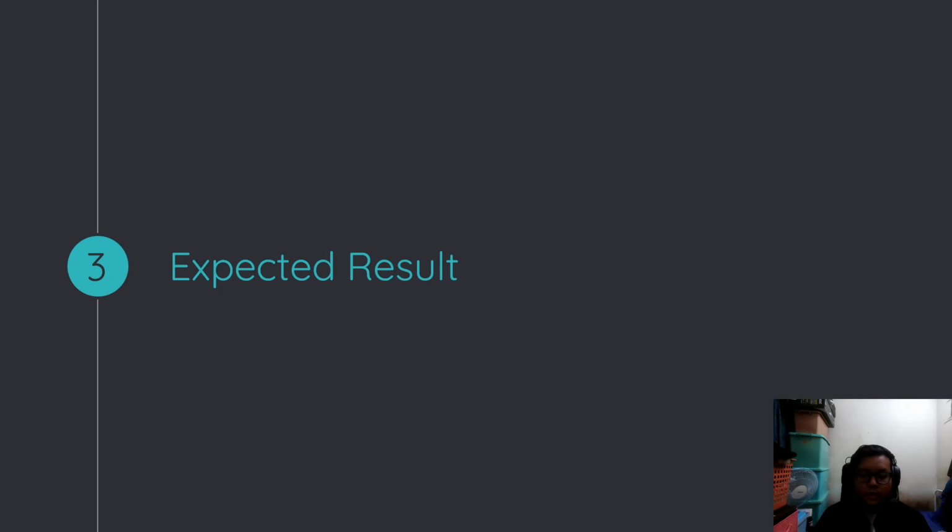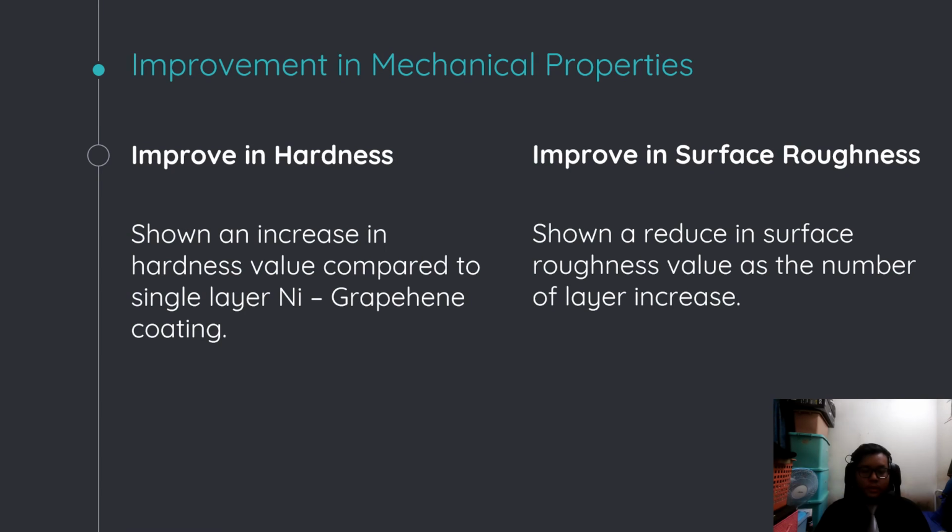Third, the last section of this presentation is the expected result from this project. The expected result for the multilayer nickel graphene oxide coating is an improvement in the mechanical properties. First, improvement in hardness: it is expected to show an increase in hardness value compared to single layer nickel graphene coating.